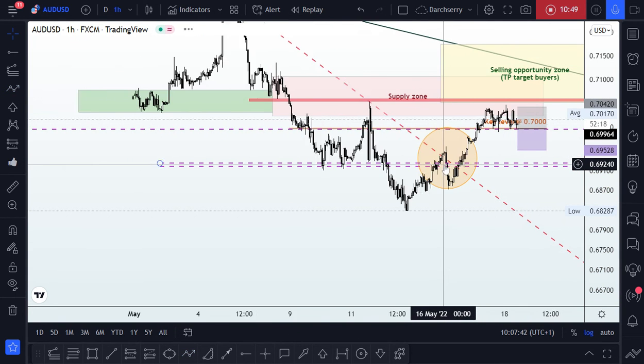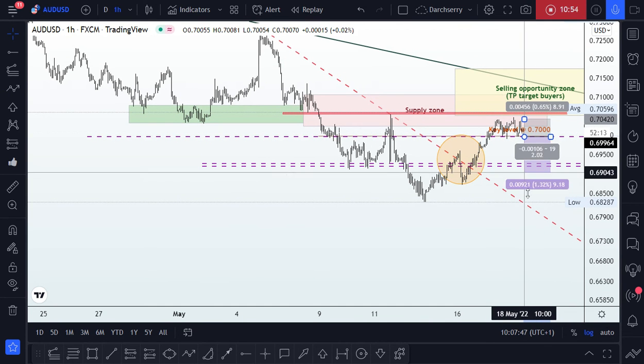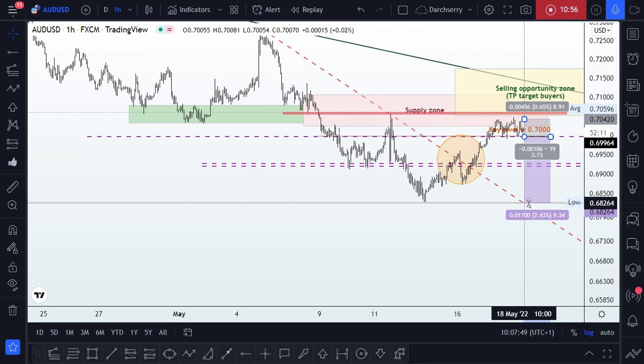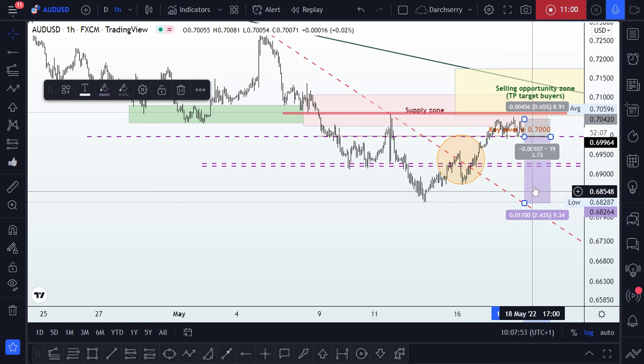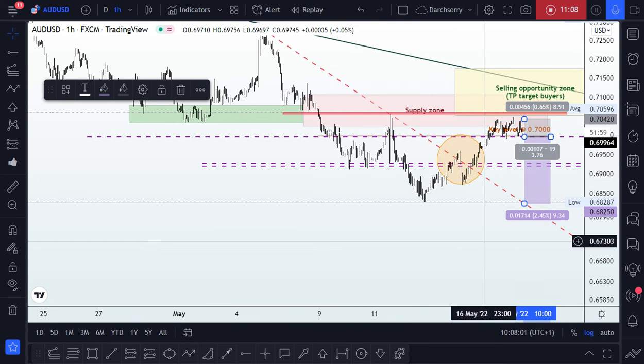So to have our take profit target at this point, I want to be projecting into somewhere around this area, which is around 170 pips profit target, where I'll be looking at 0.68250 as my take profit target for the meantime.